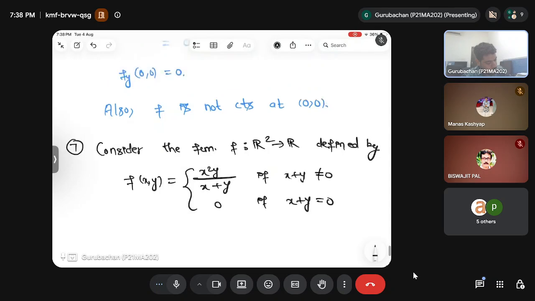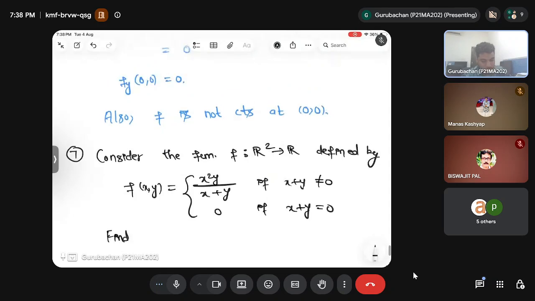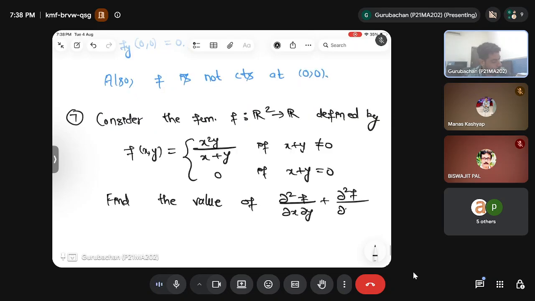Find the value of del square f by del x del y plus del square f by del y del x at 0, 0. Quickly do this.